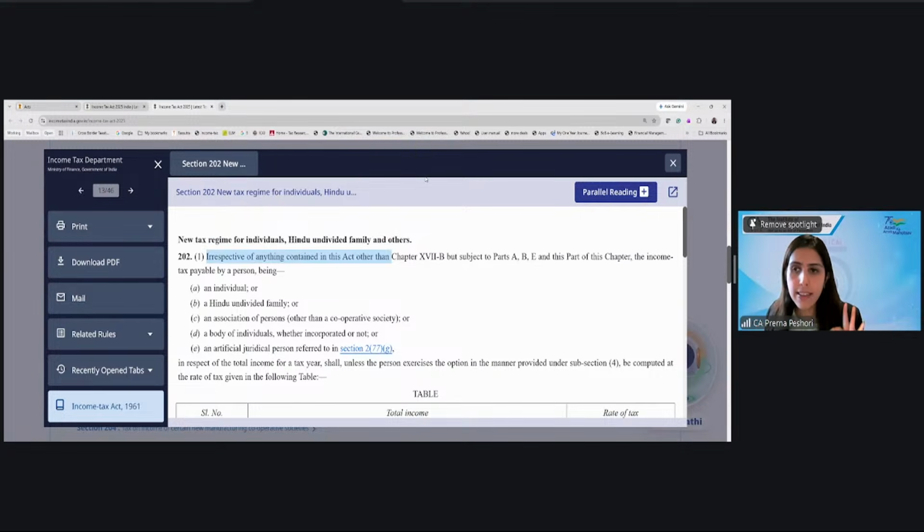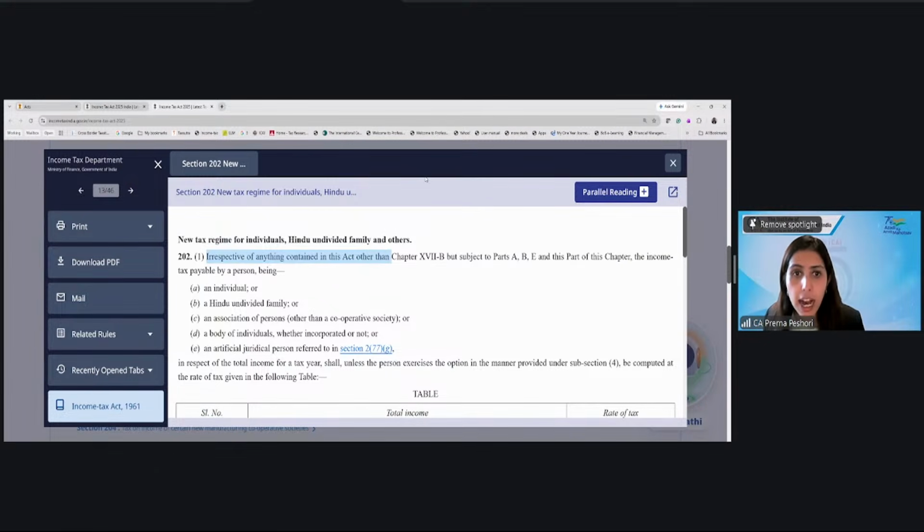So essentially, let's say, for example, long-term capital gain and short-term capital gain are taxable at the specified rate. Then section 202 will not say that long-term and short-term will also be taxed at the slab rates. Are we getting this particular point? So this is saying that I will override the entire Income Tax Act and say that the default regime will be this.